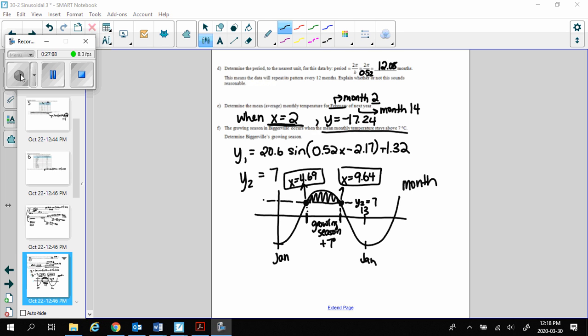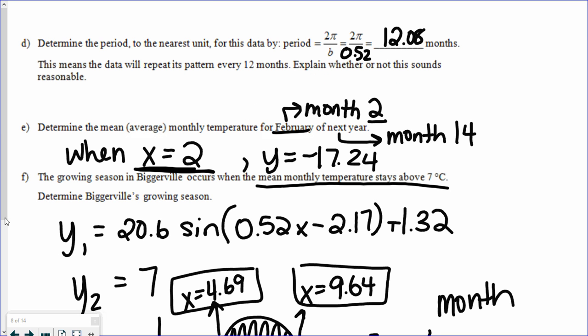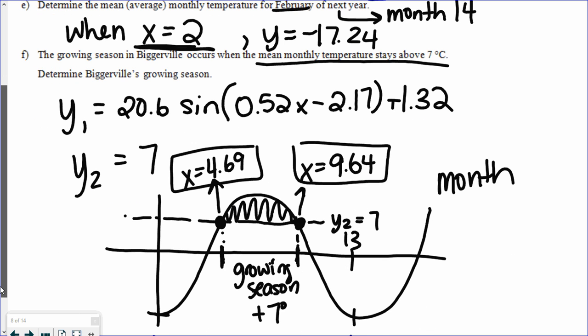Okay, so month 4, we know would be April. What would 4.69 of a month be? April has 30 days, so 0.69 of a month is between 2/3 and 3/4. You could take 30 and multiply it by 0.69, so that would be about April 21st.